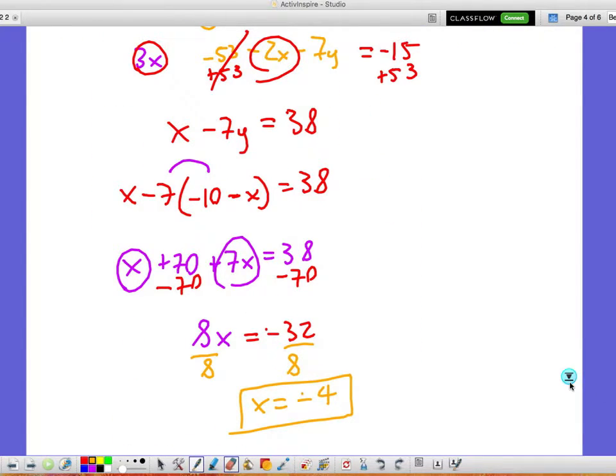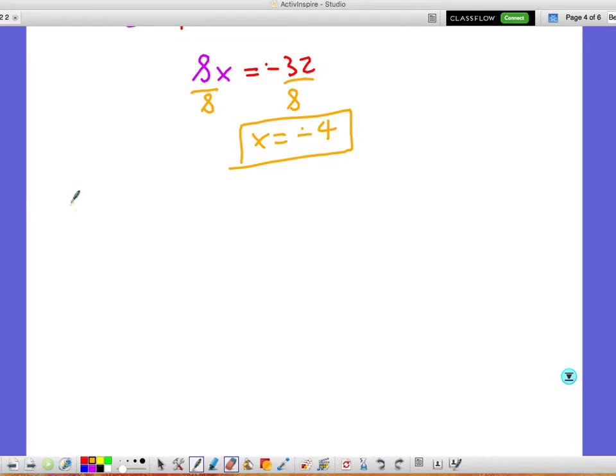So now what we need to do is substitute x, I guess this is step 5. Substitute x into the second equation and solve for y.